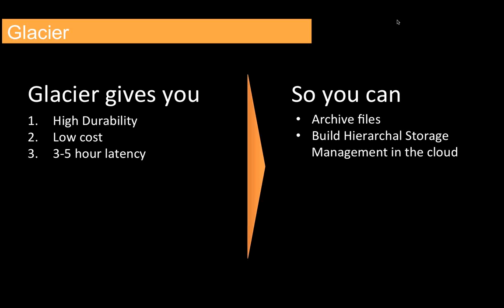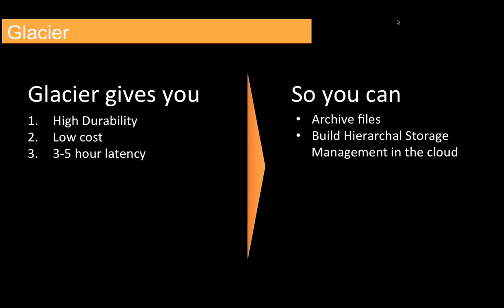The difference between Glacier and S3 though is that whilst S3 provides you with immediate recovery of data and recall of files, Glacier, as the name suggests, gives you a 3 to 5 hour latency in getting those files back. So this is useful for archival of files that are long-term storage that may need to be kept for long periods of time, but you don't need back straight away.